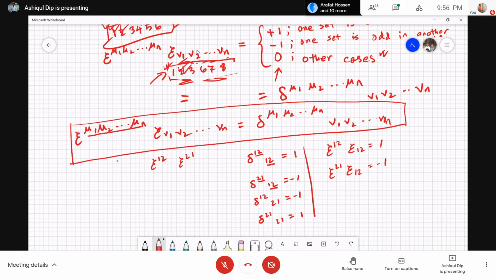So the basic definition is: if the upper set is an even permutation of the lower one, that's positive, and if odd, then negative, and any other cases, that's 0. And this relation particularly holds when the dimension is n, when the space, the manifold you're talking about, has n dimensions.